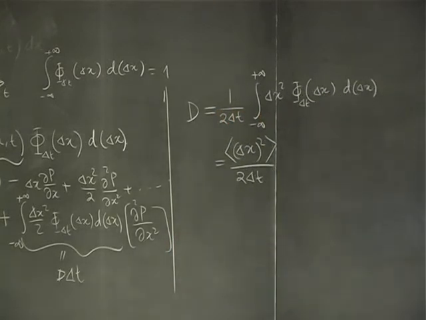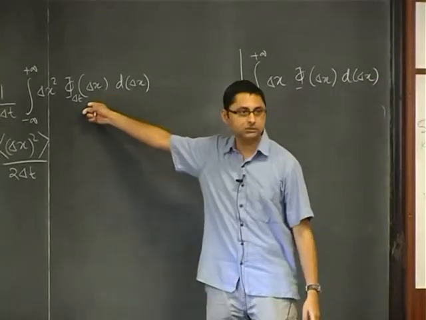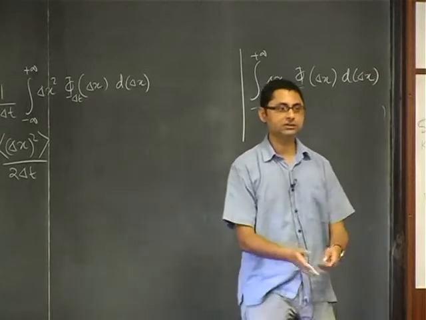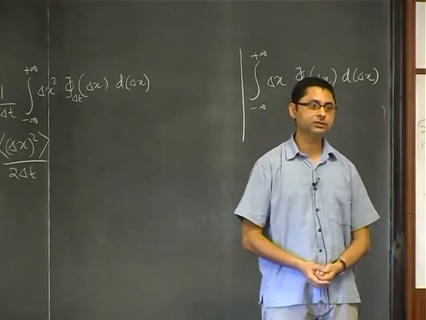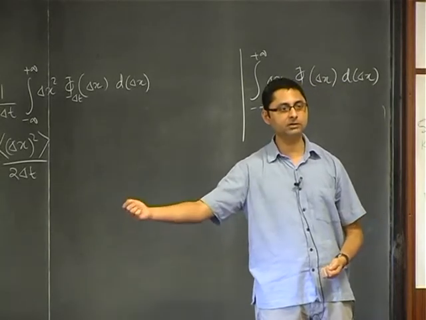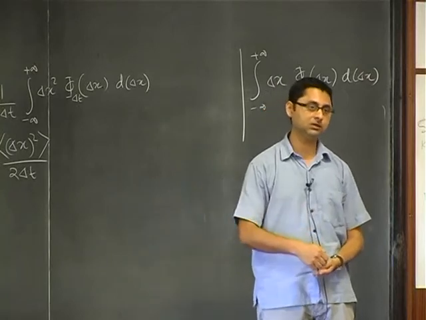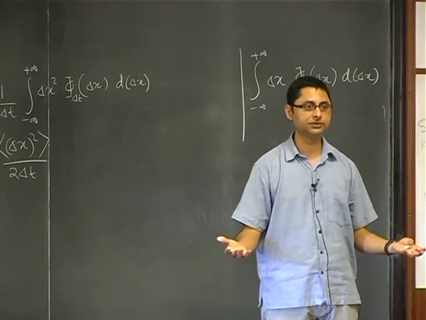Because I know that the system is homogeneous, I'll come to when phi is not symmetric. But in this case, what is this system? You have a beaker, you have a particle there. What is the reason that phi is not symmetric? The probability of a particle coming from the left should be the same as the probability of a particle coming from the right, right? Because your system is homogeneous.